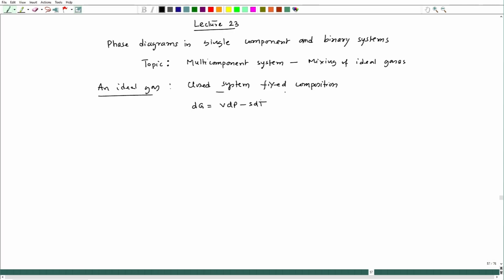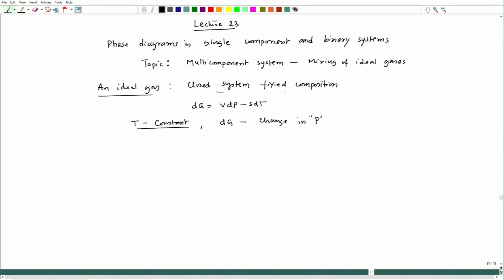Fine. Now, if I keep T constant, that means one more condition we are applying, then we can get the free energy change with reference to change in pressure.